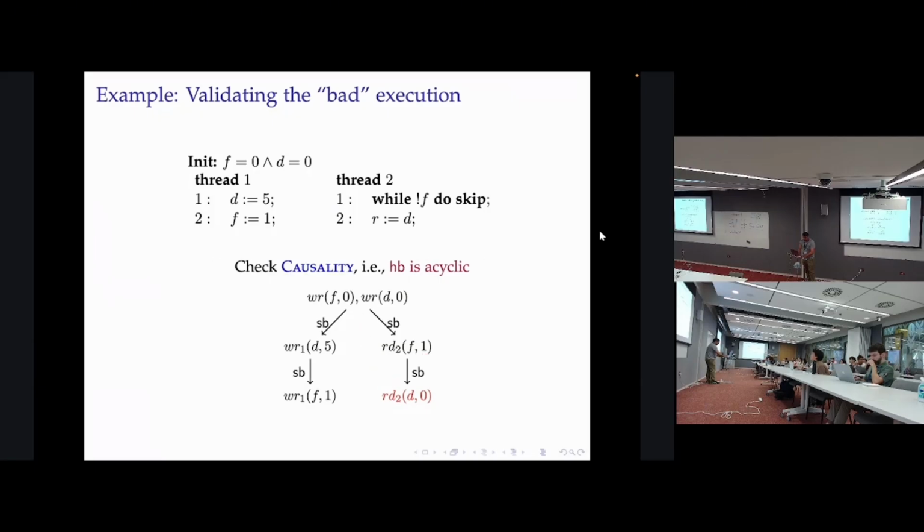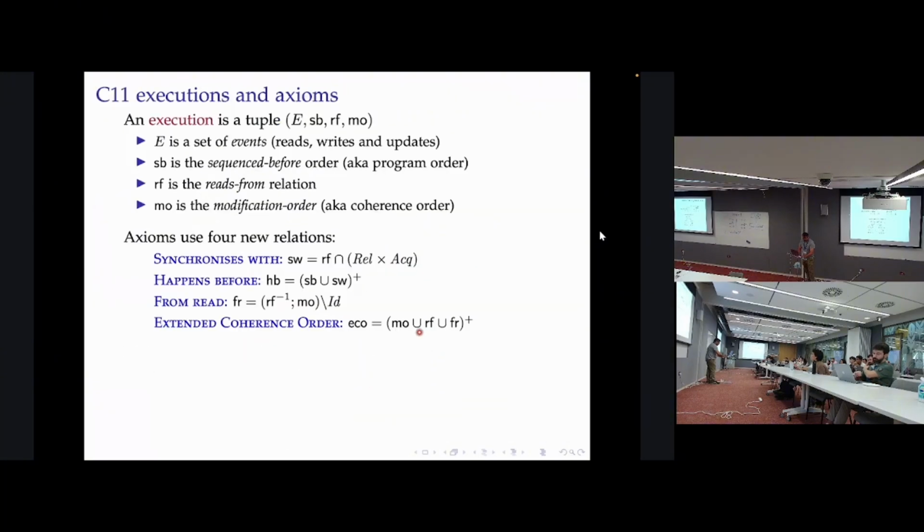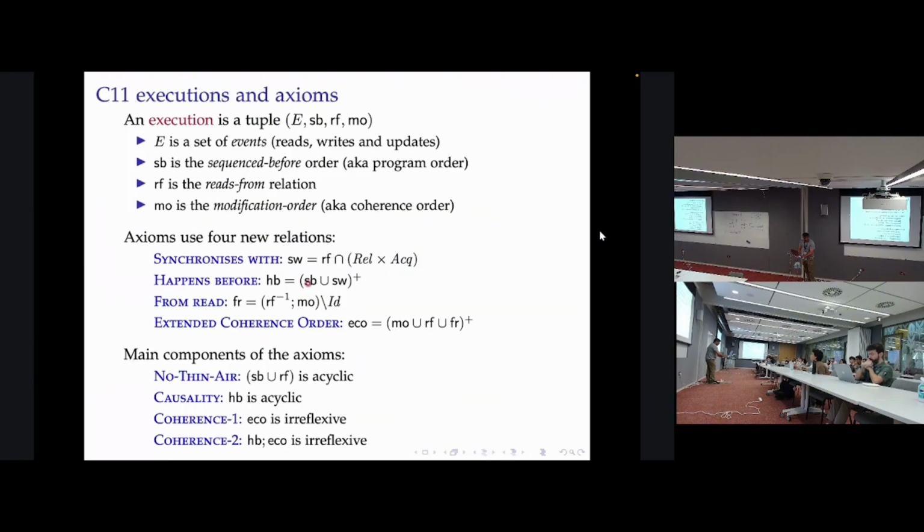Happens-before, remember, was this relation here, SB union SW, and SW was reads-from where we only keep the release-acquire edges, the release-acquire annotated operations. We haven't talked about release-acquire yet, but we will in a second.